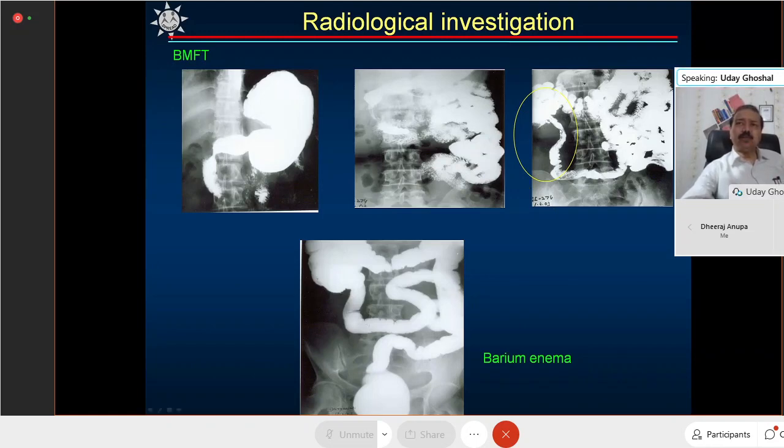Even the ileum is going upward to reach the cecum or ileocecal junction. And there is a soft tissue shadow here. So there is some pathology here because the cecum is not sitting over the iliac bone.